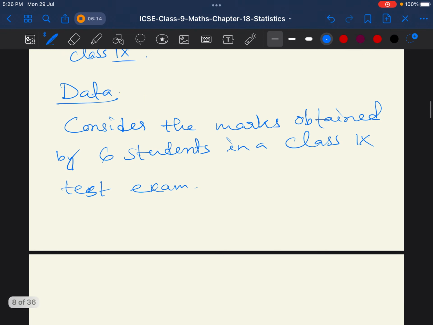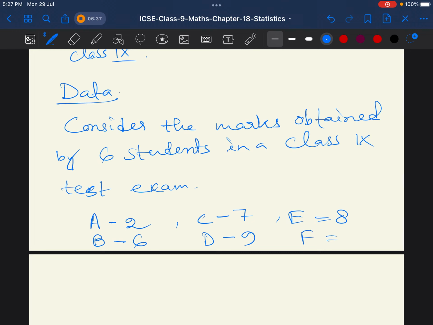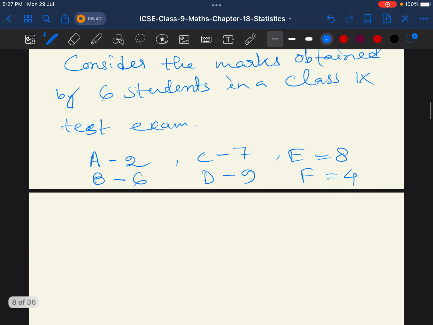So student A got 2 marks, B 6 marks, C 7 marks, D 9, E 8 and F 4. So here the marks are out of 10.